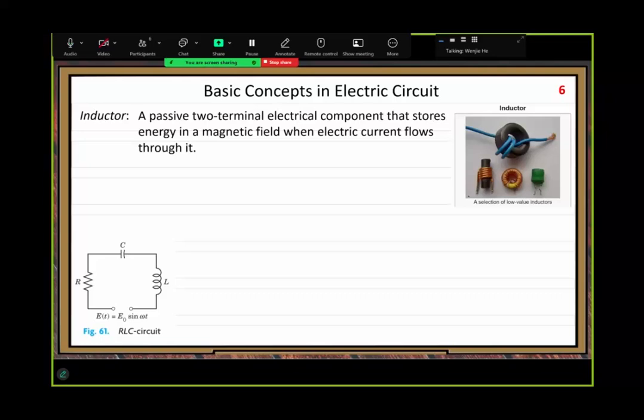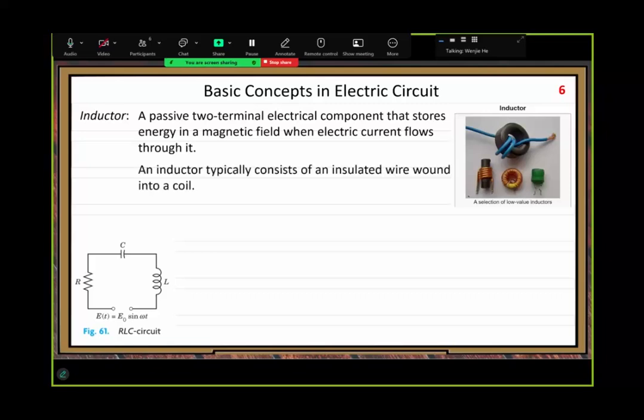So with this structure, when you provide electric current there, this component can generate a magnetic field. There is a law describing that phenomenon: the electric current moving through that coil can generate a magnetic field. That's an important law.